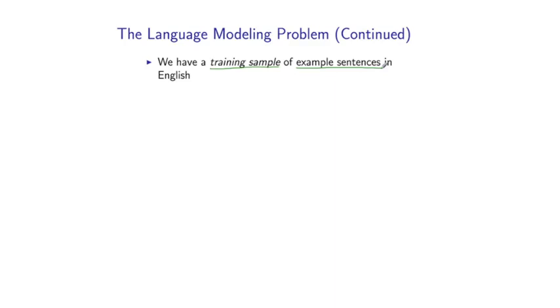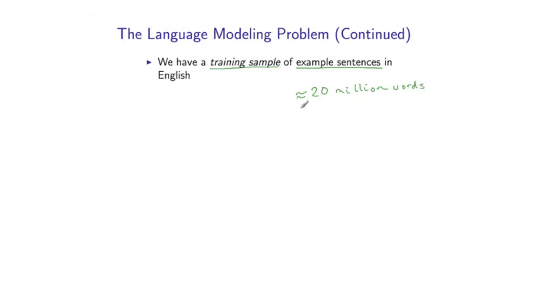And this training sample can again be quite large. So to be concrete, in the mid-90s, for example, it was pretty common to make use of roughly 20 million words of data in these training samples.